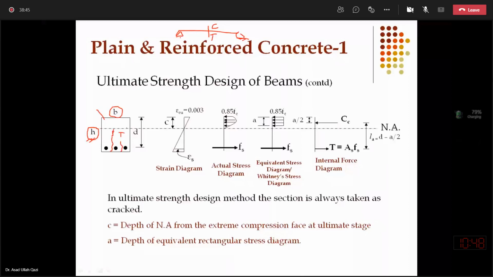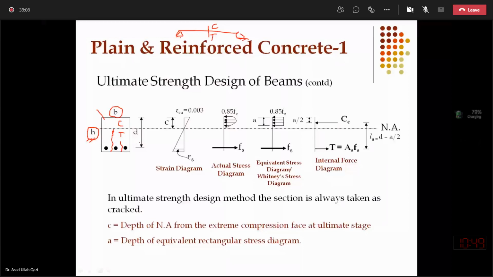And the neutral axis now, as shown in the picture, is not exactly in the mid. It is not at h/2. It has moved up, and now it is almost at, suppose, h/3, or it now has a depth less than h/2.